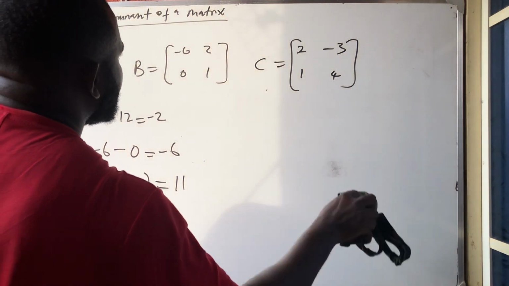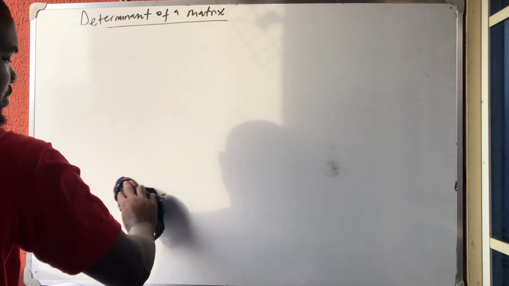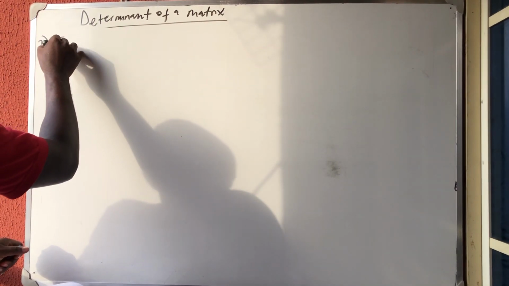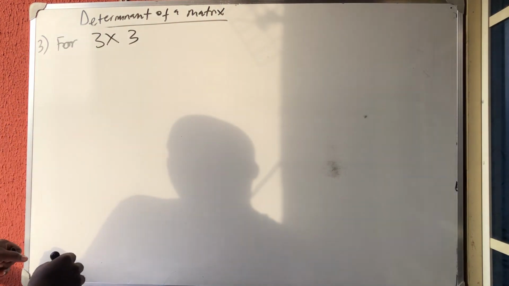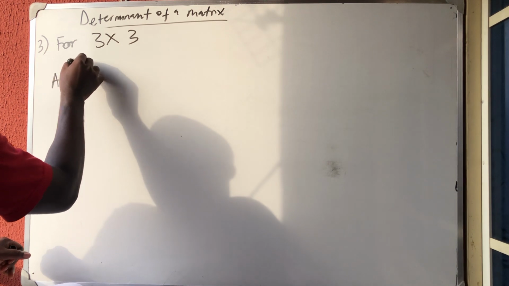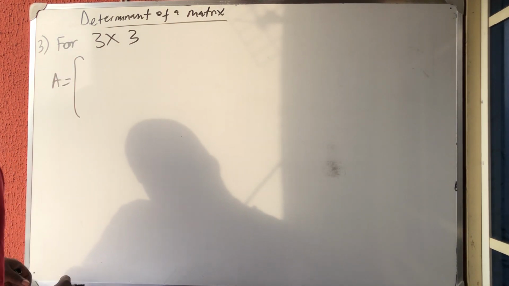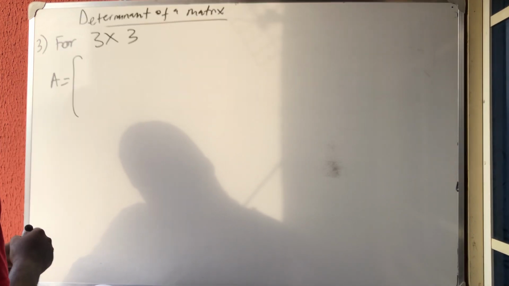Now let's move into determinant of 3 by 3 matrix. Determinant of 3 by 3 matrix. For 3 by 3 matrix, okay, we have that A is equal to let me choose any.